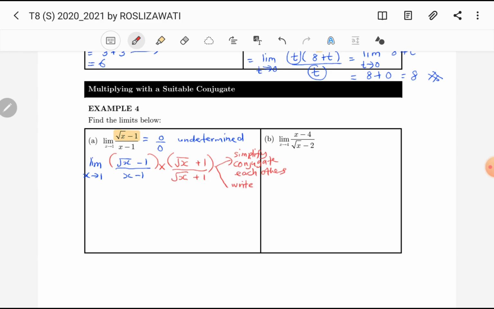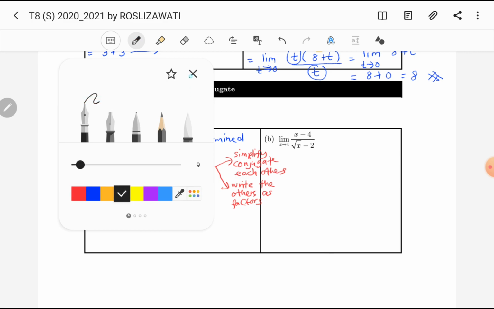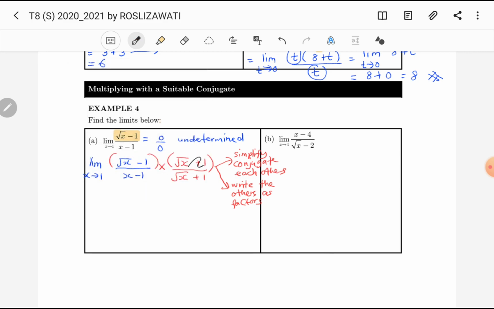Awak write the others as factors. Faham tak maksud saya? Kita akan darab, kita akan expand yang conjugate each other je. Yang lain-lain tu, yang bawah ke, yang atas ke, yang tak ada kait dengan conjugate tu, awak biar je dalam bentuk factor.